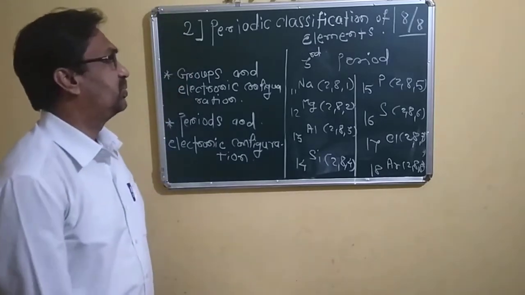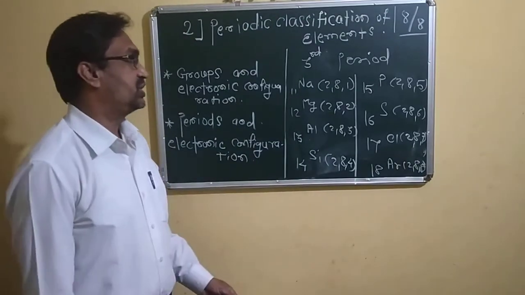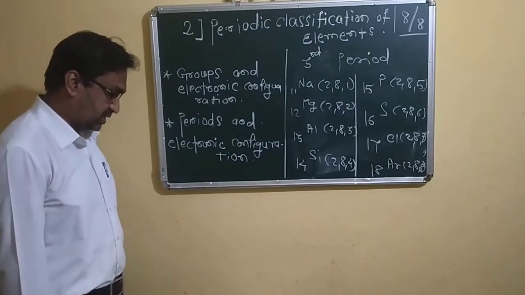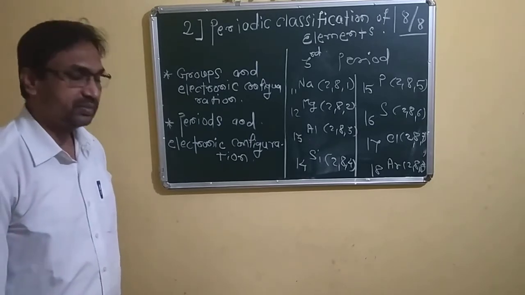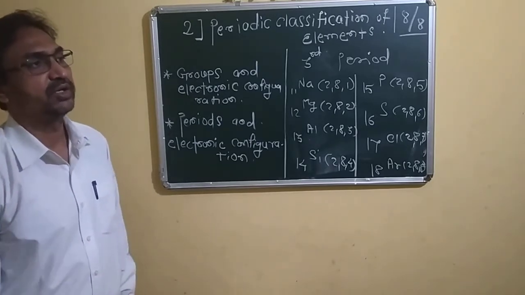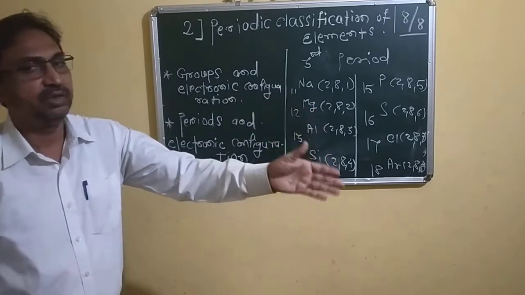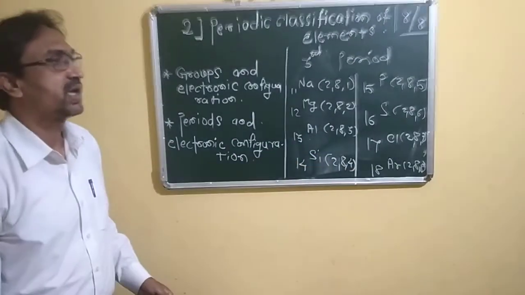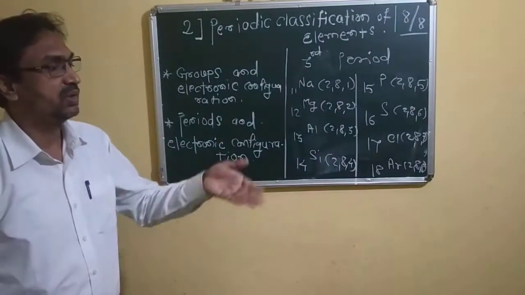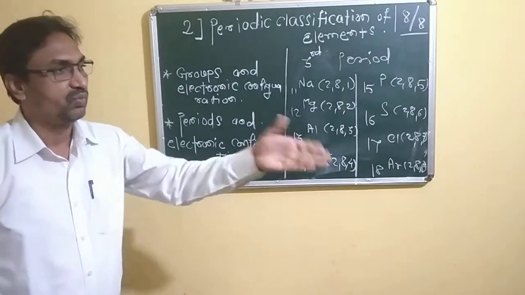In the fourth period, in potassium and calcium, let's see: potassium's atomic number is 19, and calcium is 20. The electronic configuration of potassium, 19, is 2,8,8,1. And next to it is calcium, atomic number 20, 2,8,8,2.